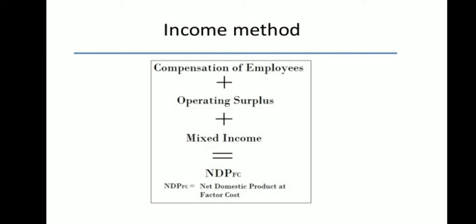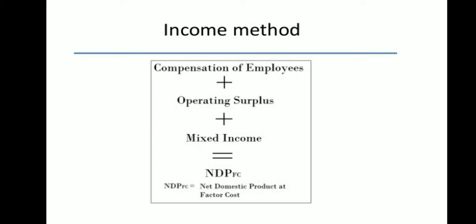Now another method for calculating national income is the income method. With the help of the income method, you need to calculate compensation of employees, that is COE. It refers to all the monetary and non-monetary benefits which employees receive directly or indirectly from their employers in return for rendering their productive services.